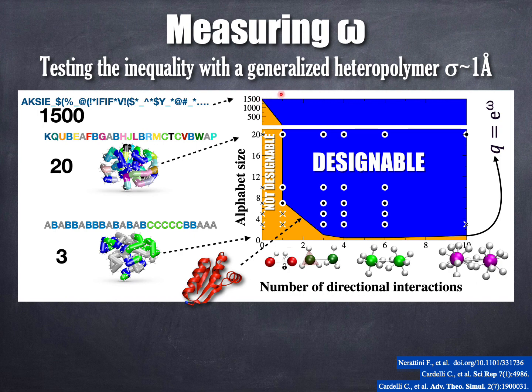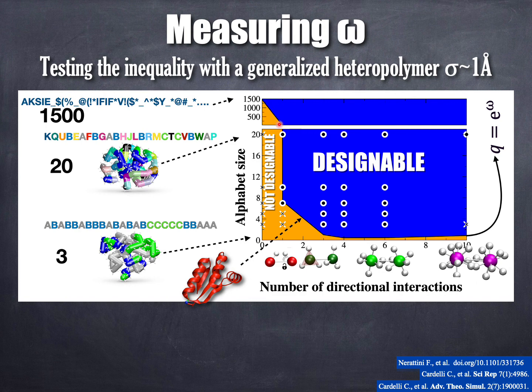So what this result suggests is that indeed there is an alphabet size at which even without directional interaction you can design a system, and this is basically the Go model limit, for those among you who are familiar with protein modeling, but it is far away from any practical application and from any sensible solution for nature application in evolution.